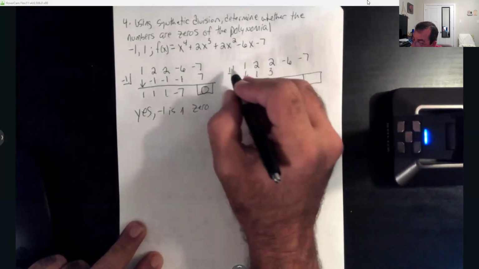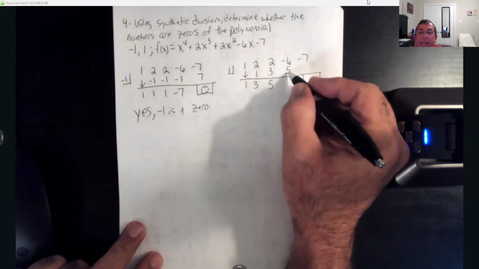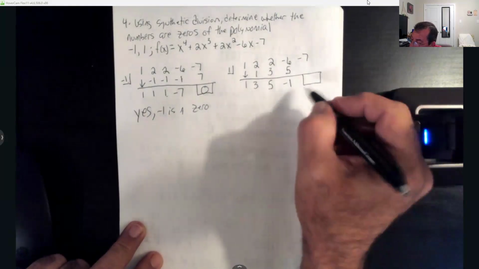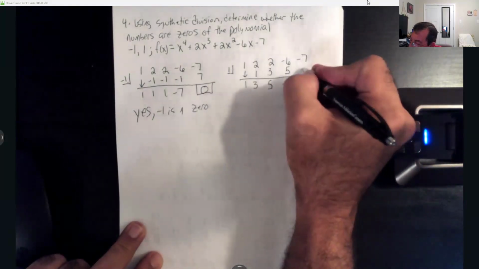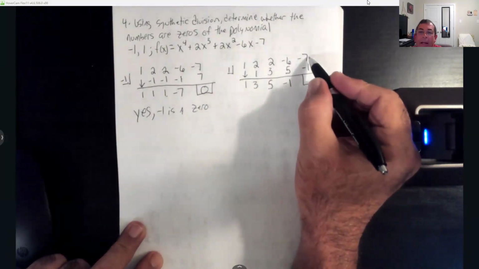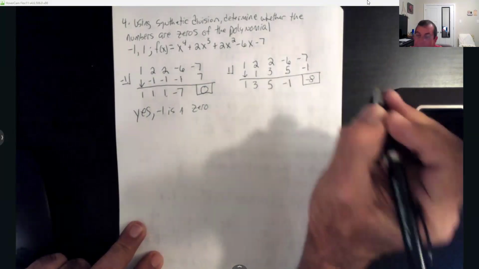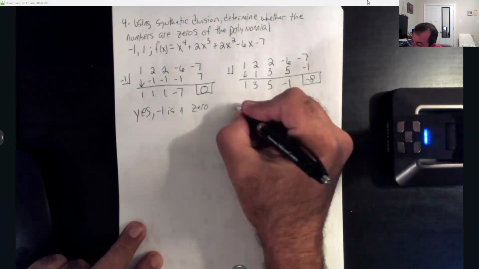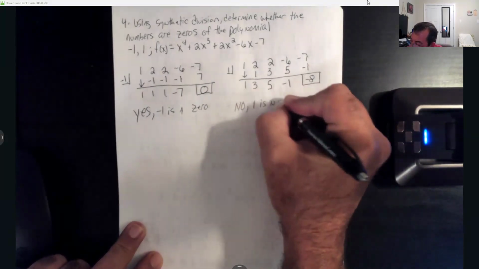There y'all. 5 times 1 is 5. -6 plus 5 is -1. And y'all, I don't think we're getting a 0 because -1 times 1 is -1. And then -7 plus -1 is -8. So we got a -8 remainder. So that means no, 1 is not a 0.